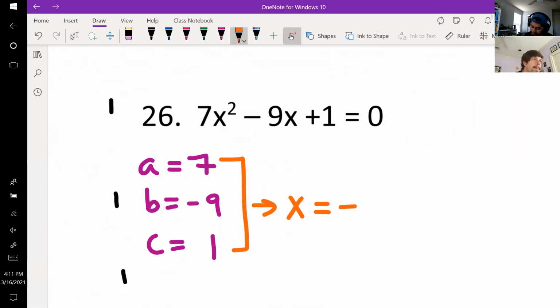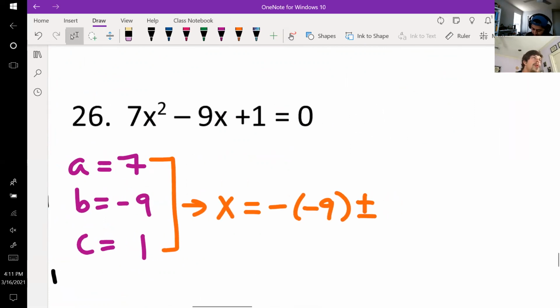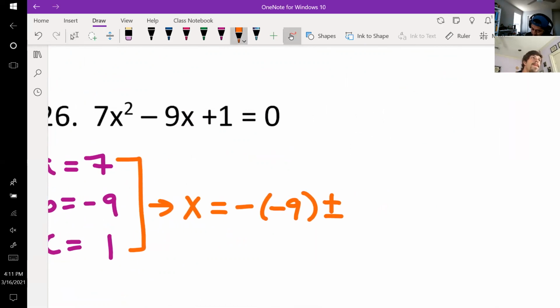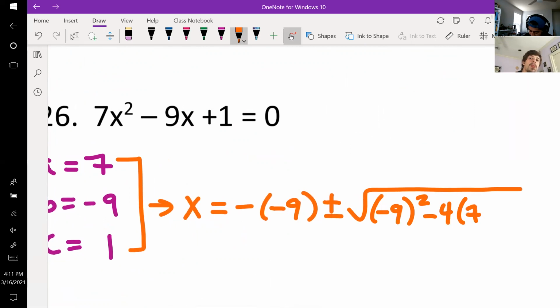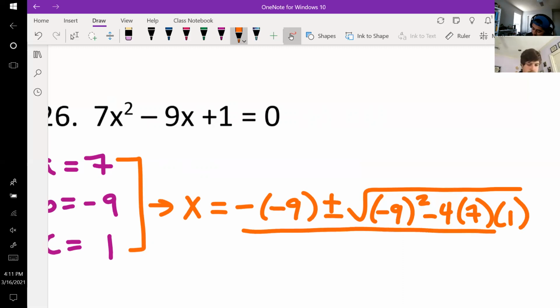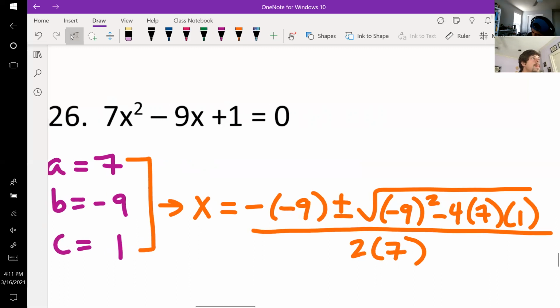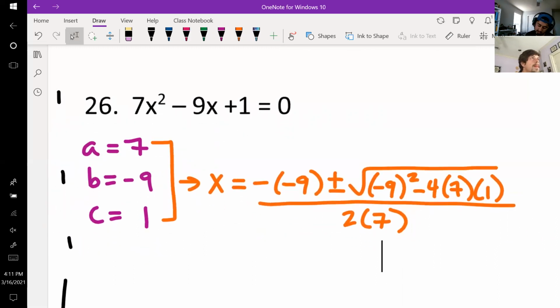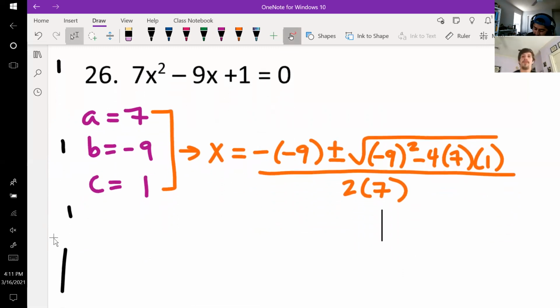x equals negative b plus or minus the square root of b squared minus 4 times a times c, all over 2 times a. Hey, you got something different in the denominator.